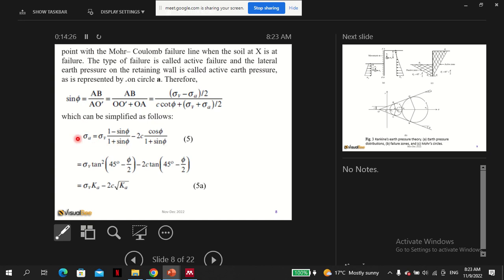So this is how to get sigma A, and sigma Ka, of course, is sigma V tan squared of 45 degrees minus phi over 2, minus 2c tan of the same angle.